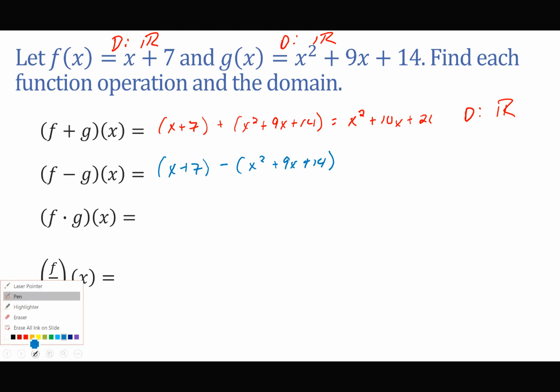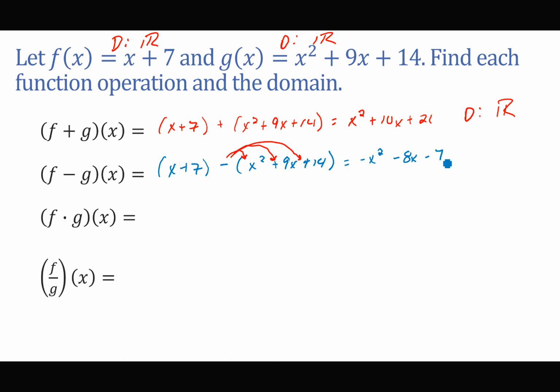So we can think that that negative is actually being applied to every single one of these terms. So when I do this one, I have x minus 9x, and so that's a negative 8x. x squared is by itself, but it's a negative x squared. And then 7 minus 14 is negative 7.